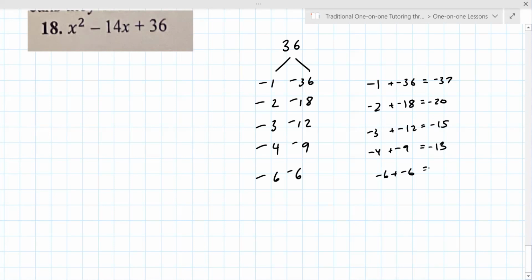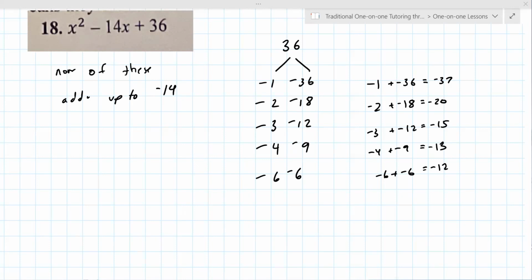I'm just writing it out here. You would say none of these add up to negative 14. So, not factorable, because there's none here that do.